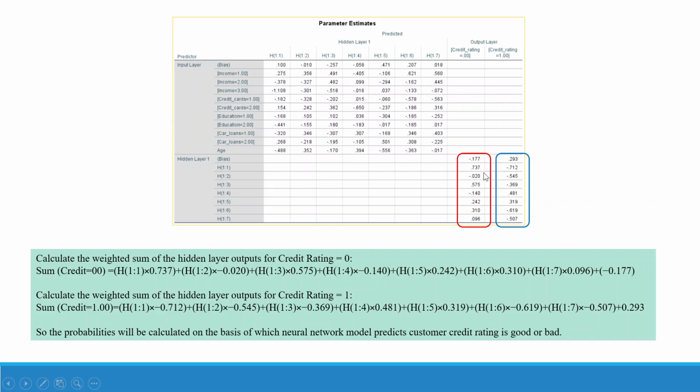So this was for credit rating 0. Now the credit rating 1, the good credit rating. Sum credit 1, H1:1 minus 0.712, minus 0.545, minus 0.369, 0.481, 0.319, 0.619, minus 0.507, 0.293. So the probabilities will be calculated on the basis of which the neural network model predicts whether the customer rating is good or bad.